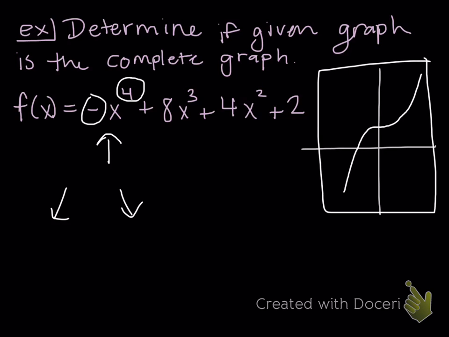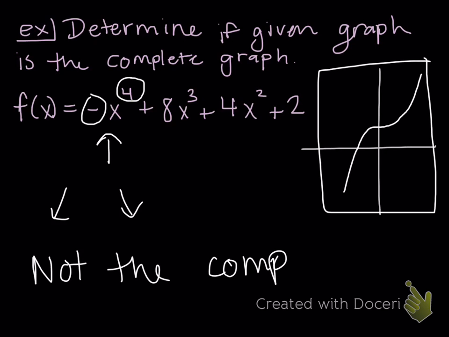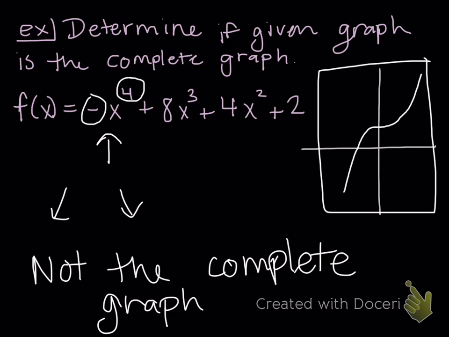So based on this picture, this is not the complete graph. And again, we know this because this graph is going from down to up, and it's supposed to go down, down. So that's how we know this is not the complete graph and that this portion of the graph is just zoomed in.